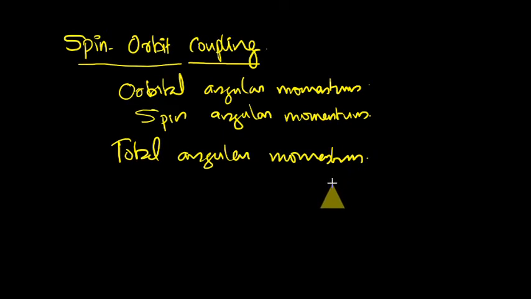And the total angular momentum is determined by a quantum number. You know that the orbital angular momentum is determined by the quantum number L, so that the orbital angular momentum is root of L into L plus 1 into h divided by 2 pi.